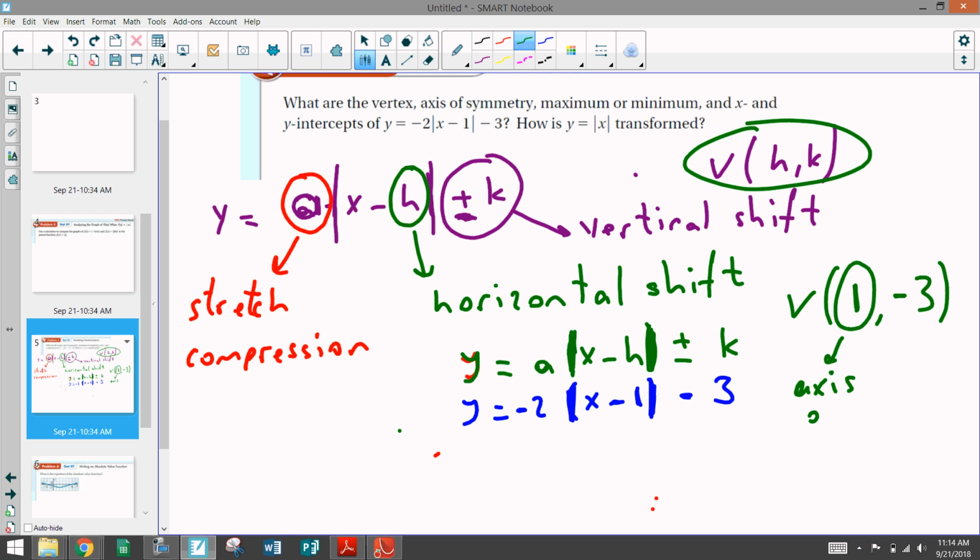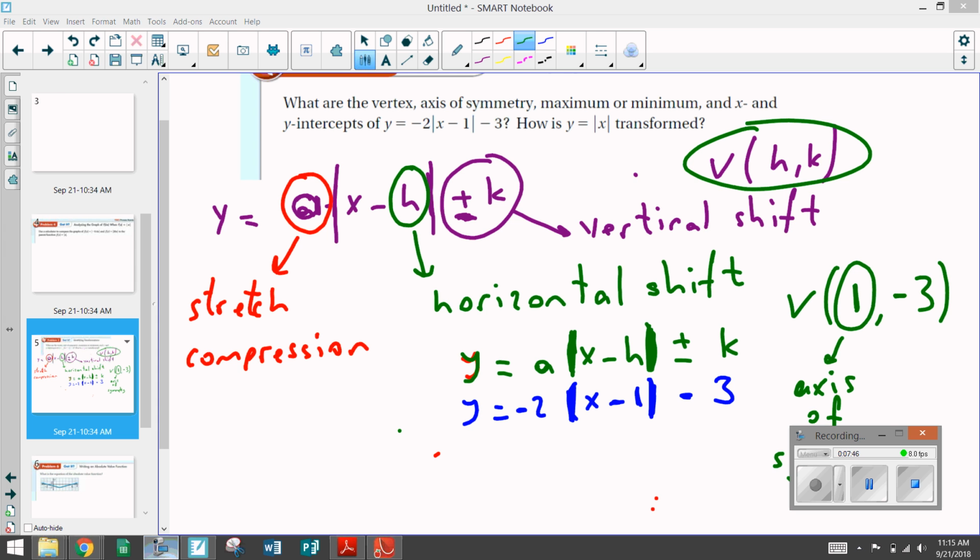So the x value of your vertex is going to be your axis of symmetry. So we'll do practices and questions number 8, 9, and 10. Once we do those practices, it will make more sense.